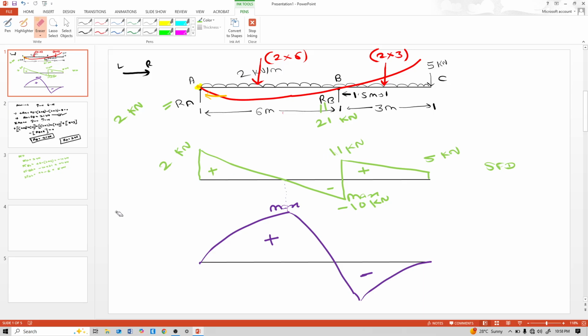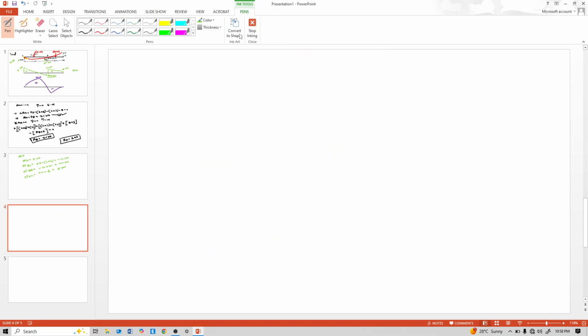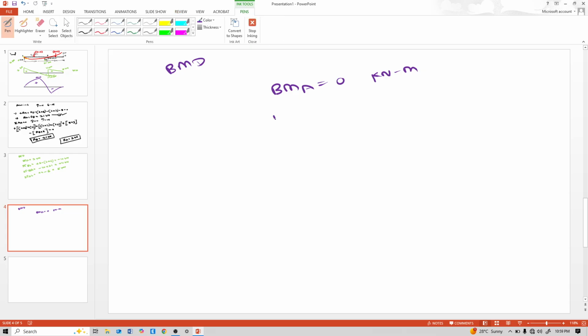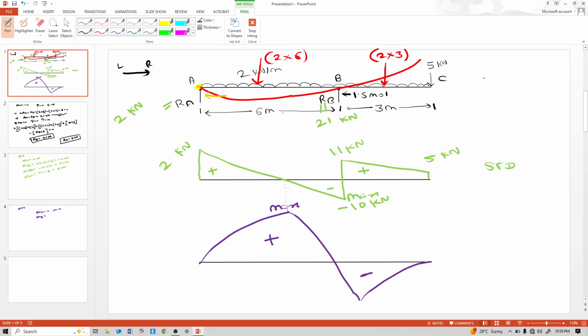Now calculate bending moment also. BMD. Bending moment at point A is equal to 0 because it is only vertical reaction, and the unit is kilonewton meter. Bending moment at this B, I calculate it from this side, right to left.